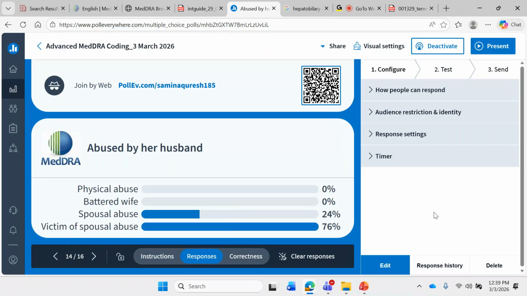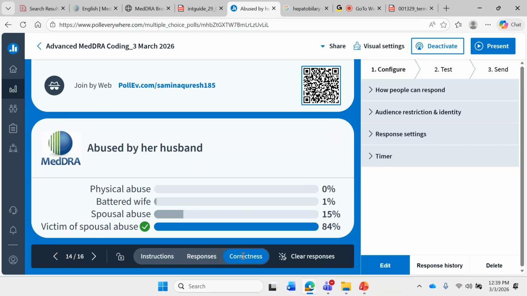My more advanced MedDRA coders will get this, or those who have been listening very intently to all the pearls of wisdom that I have been sharing. Here, this is a very prime example of checking the hierarchy of the term.